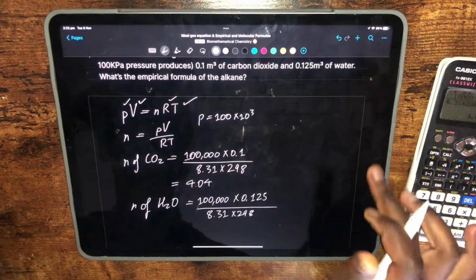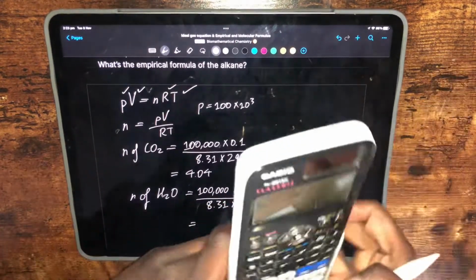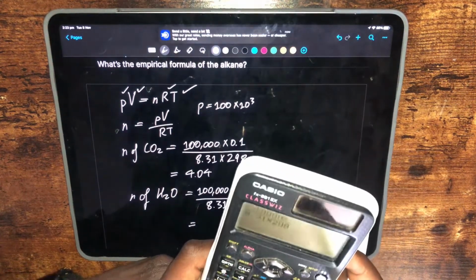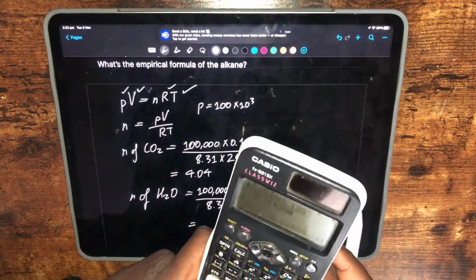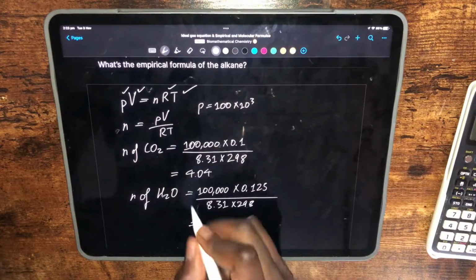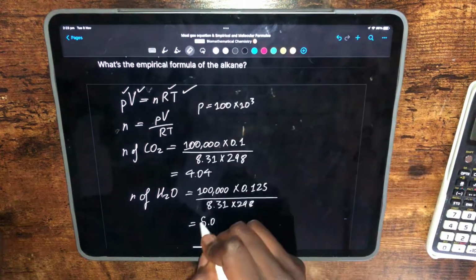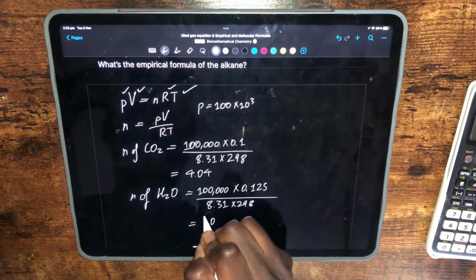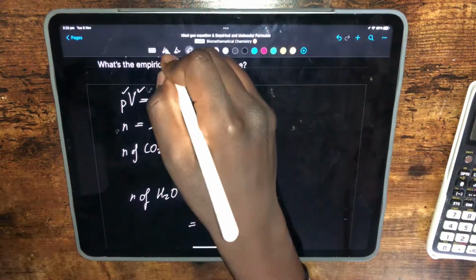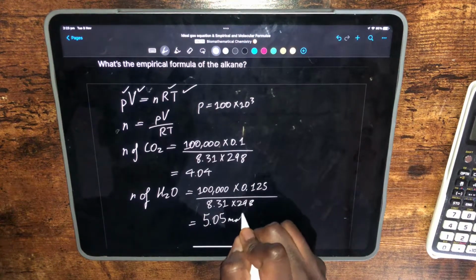It makes sense that it's 298, this is just room temperature. That's about 5.05 moles.